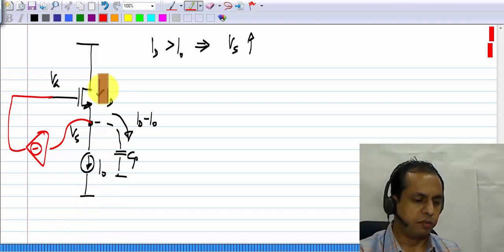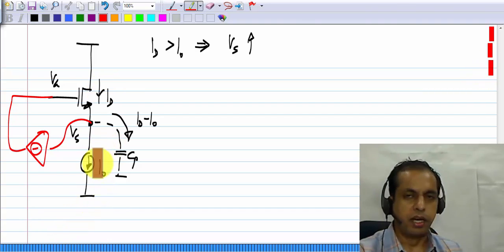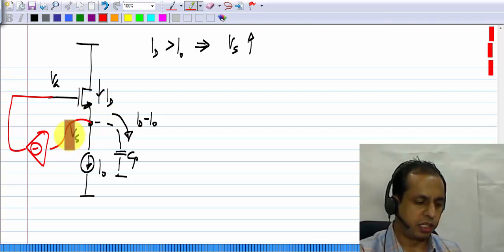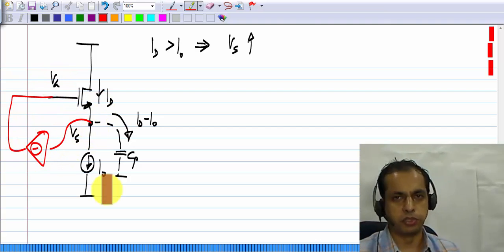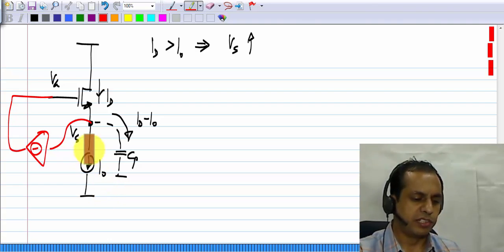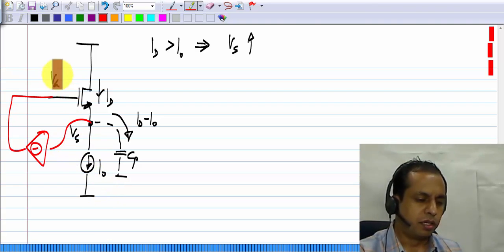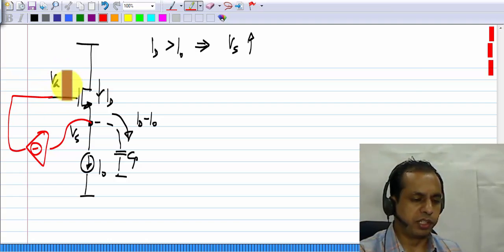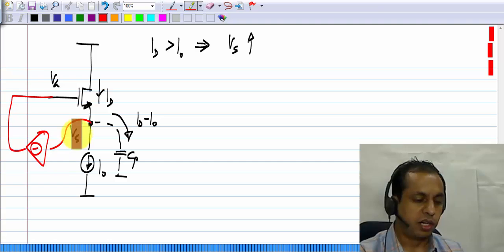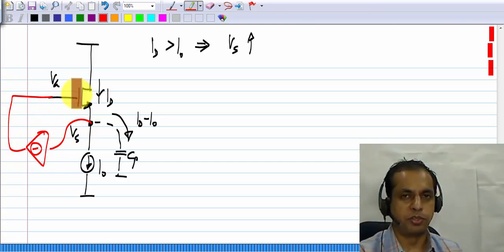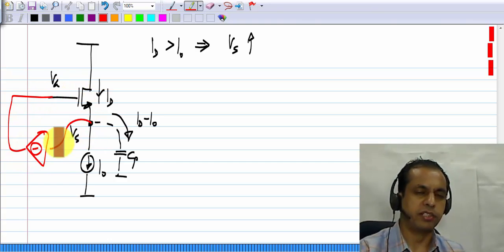Because if ID is more than I0, then Vs increases, and through this negative incremental gain, Vg reduces. So VGS definitely reduces. But this is still a different case from the earlier case we discussed where the gate voltage was fixed, because now we are feeding back to both the gate and the source, and typically the feedback to the gate is much stronger. So it is useful to treat this as a special case.